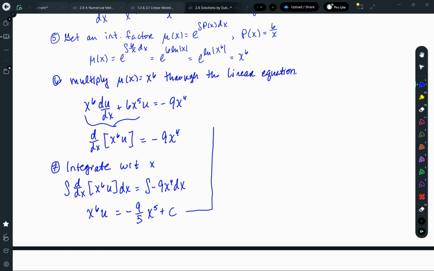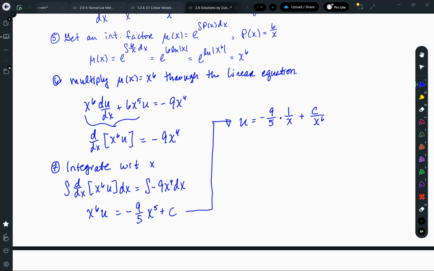And then we need to finish this off, divide both sides by x to the 6th, and then u is equal to negative 9 fifths times 1 over x plus c over x to the 6th.